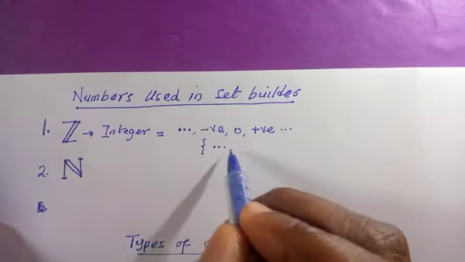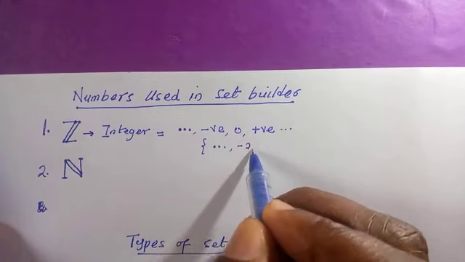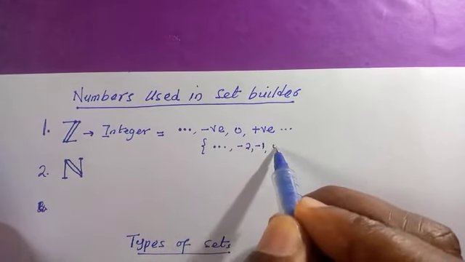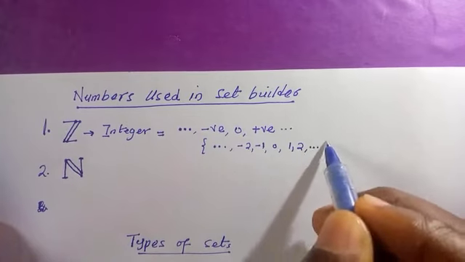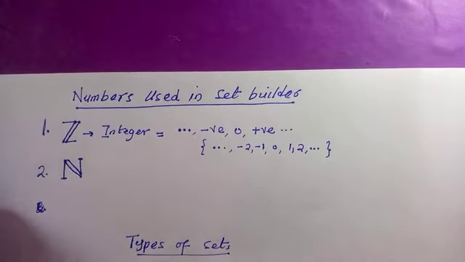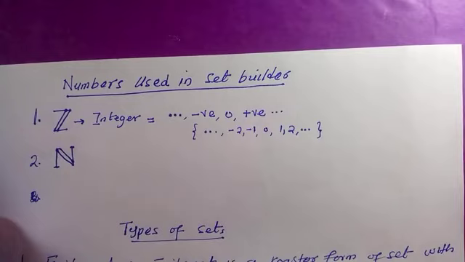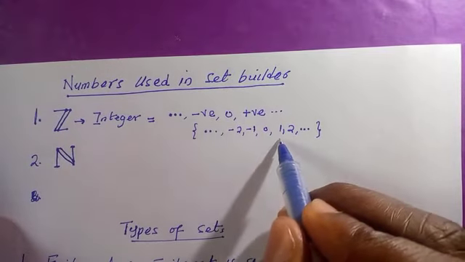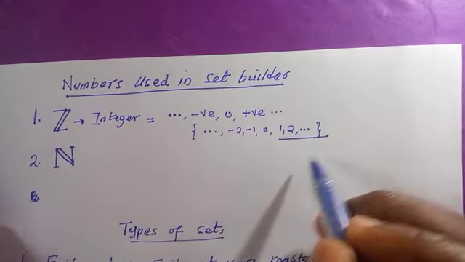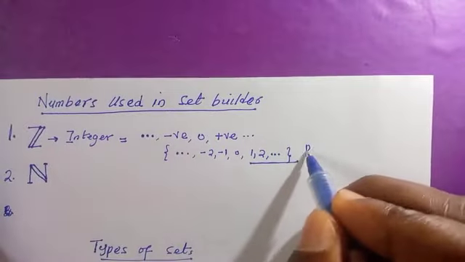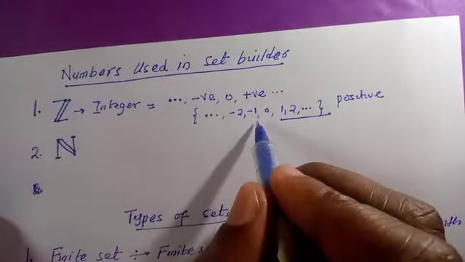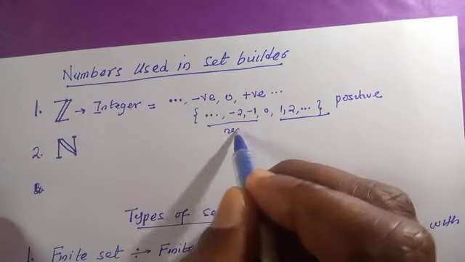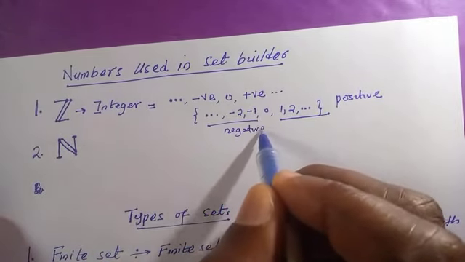And what are the negatives here? Let's say we have dot dot dot, and here is -2, we have -1, we have 0, and for the positive side we have 1, 2, dot dot dot. All these are integers, without separating them. But if you start separating them, we have the negative integers and the positive integers. All this side is positive, and this other side here is going to be the negative integers. All right, so the middle one is 0.